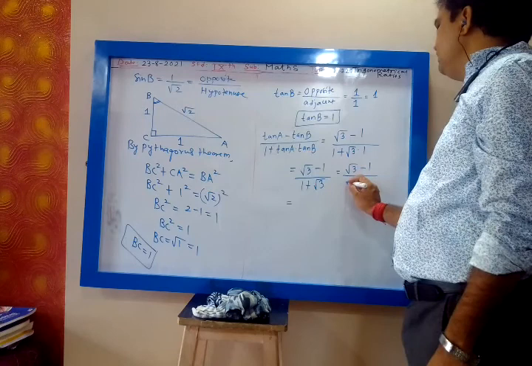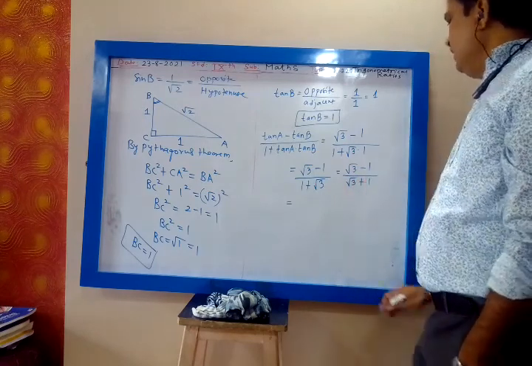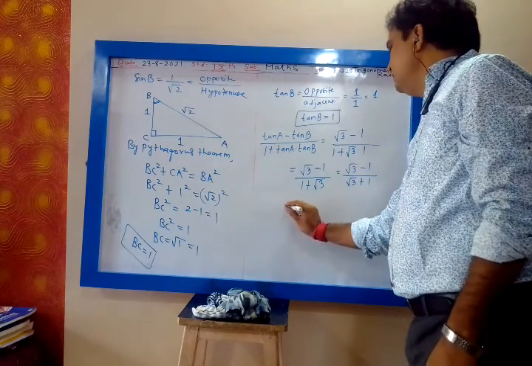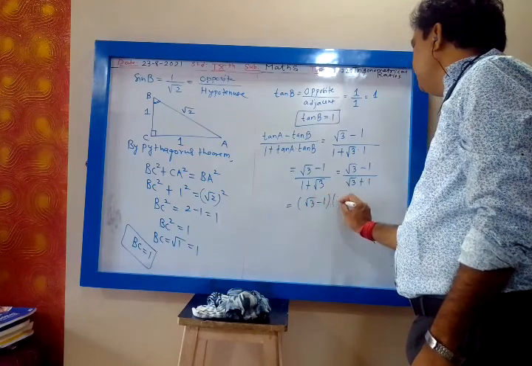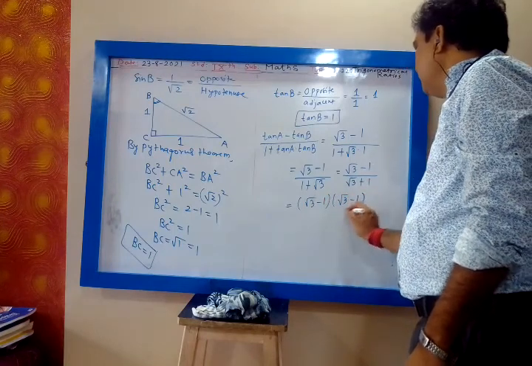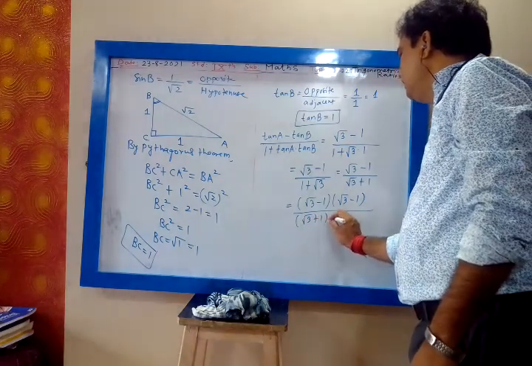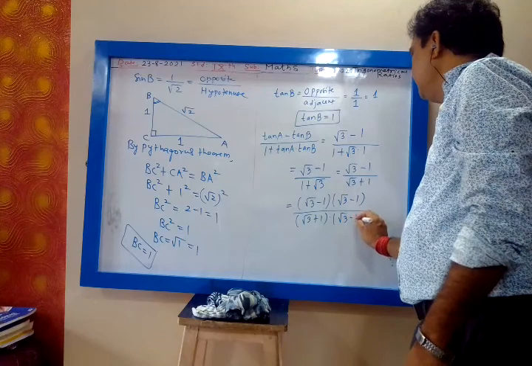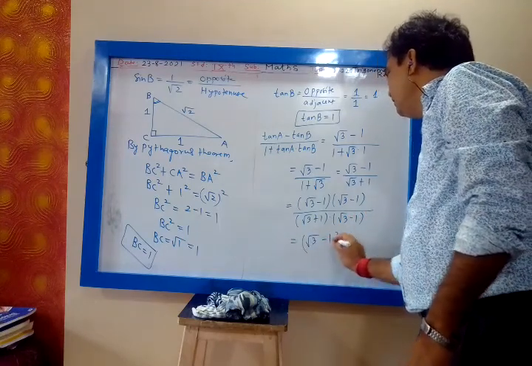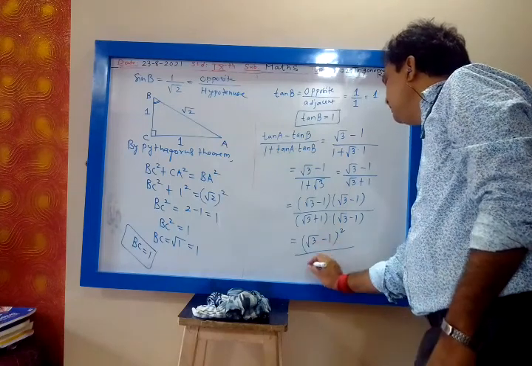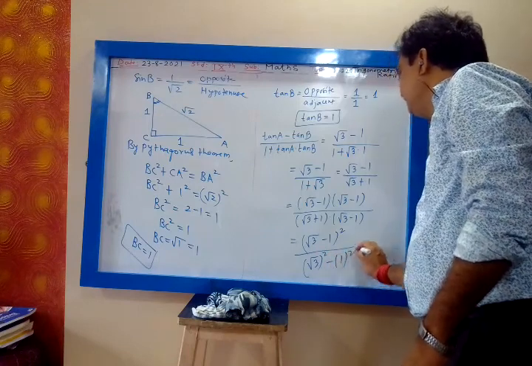So that is root 3 minus 1 multiplied by root 3 minus 1, upon root 3 plus 1 into root 3 minus 1. Numerator will be root 3 minus 1 whole square, upon a plus b into a minus b, which will be root 3 square minus 1 square. All of you agree?